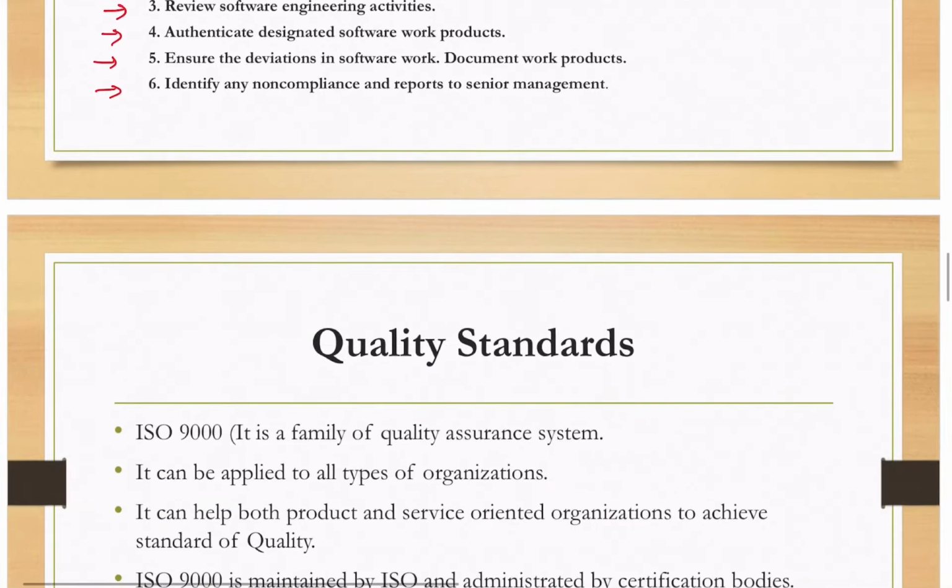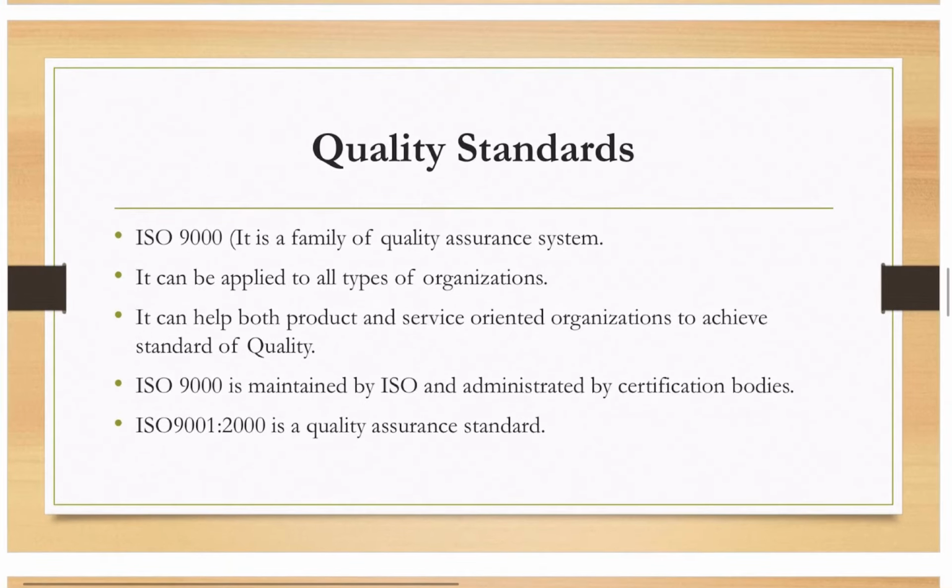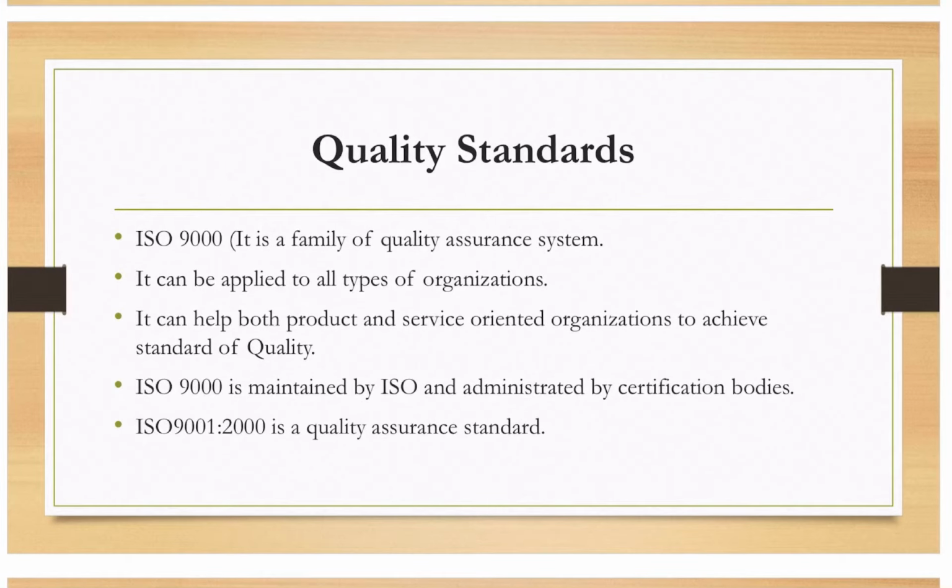Next is quality standards. What are quality standards? They are developed by SQM. For example, ISO 9000 is a software quality standard. The full form of ISO is International Organization for Standardization.